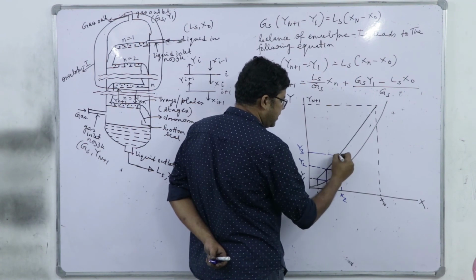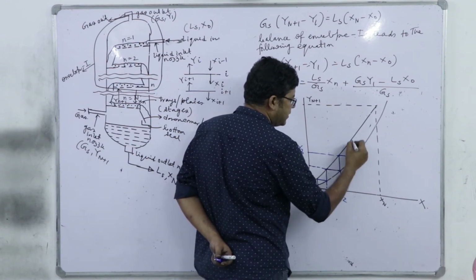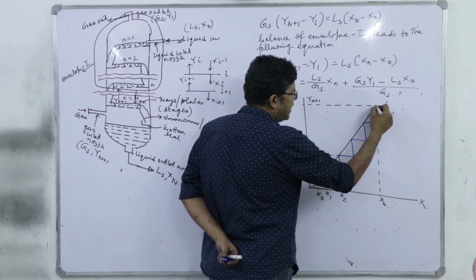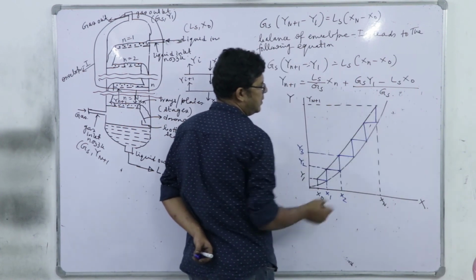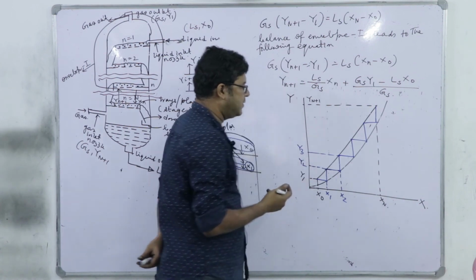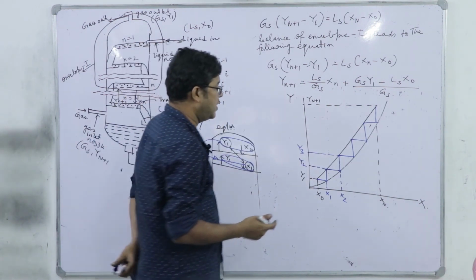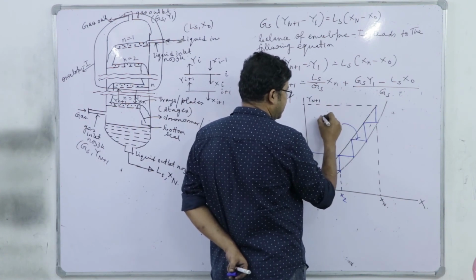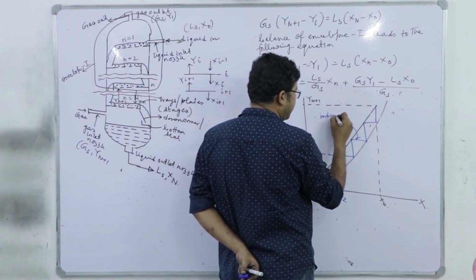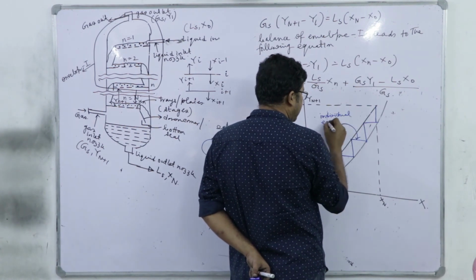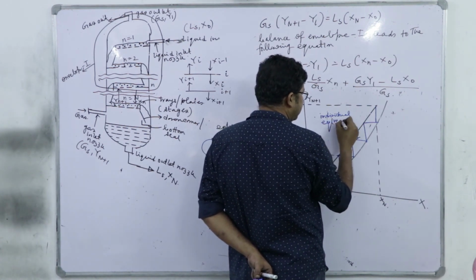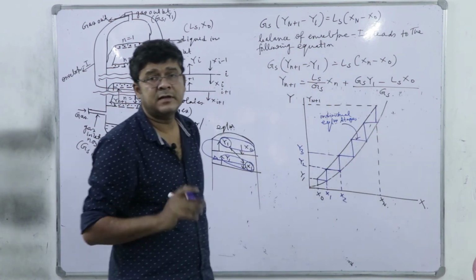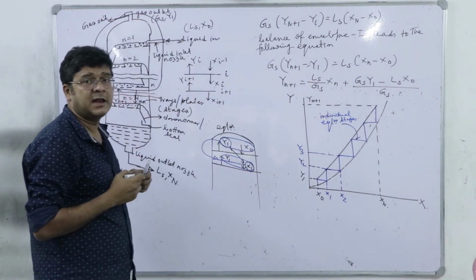In this way we go on drawing the staircase, and finally here we are completing, and this staircase represents the ideal number of individual equilibrium stages, right.